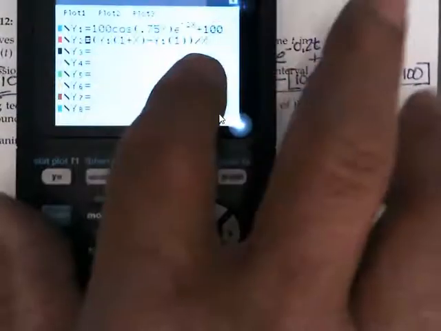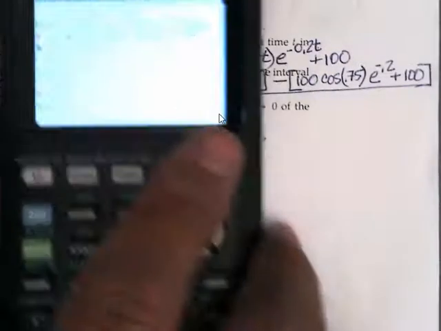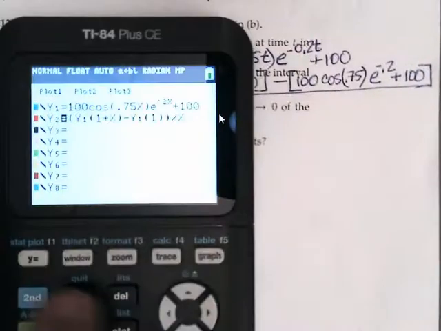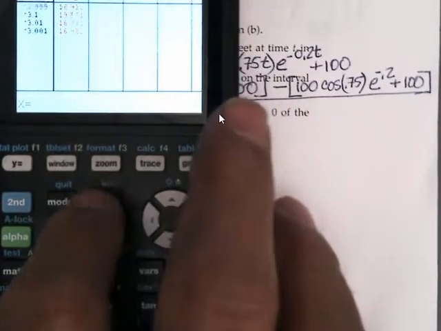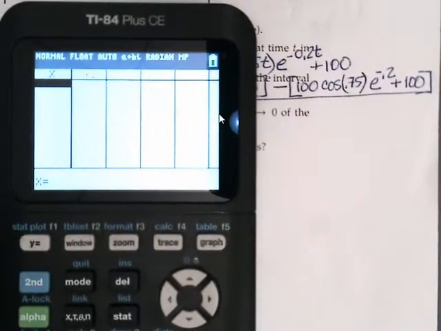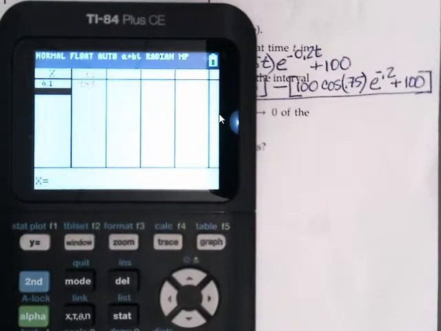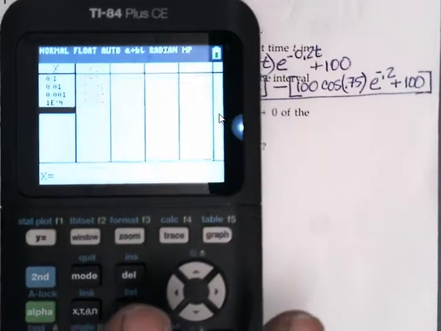And now I can put things close to 0 because the h is supposed to go to 0, but my h is an x, so I'm just going to go to the table and put things close to 0. Close to 0 would be something like 0.1, 0.01, 0.001, 0.0001, and looks like I'm getting about negative 53.9-ish, 0.84-ish.